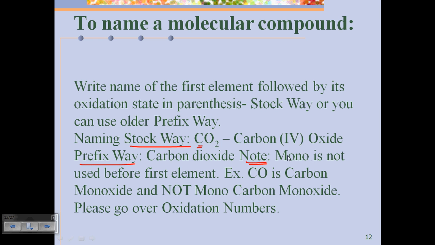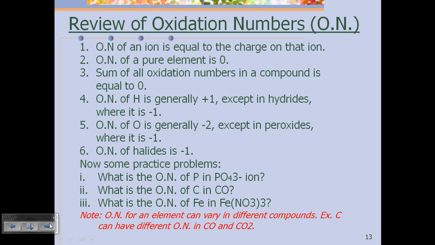This is a note to remember. We don't use the mono prefix before the first element. Like CO is carbon monoxide, not monocarbon monoxide. But you do use mono in between, just not before the first element. Now, how do you figure out the oxidation numbers? There are certain rules for figuring out oxidation number.